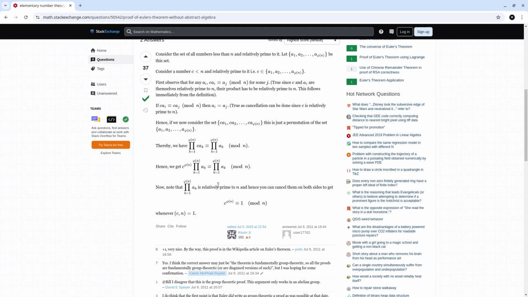Every element inside of that finite set is relatively prime to n. Okay, so that means it has an inverse. If it has an inverse, then we can cancel it out. We can multiply this by its inverse, and we can multiply this by its inverse, and it's going to cancel out. And so what we're going to be left with is C raised to the phi of n is congruent to 1 modulo n.